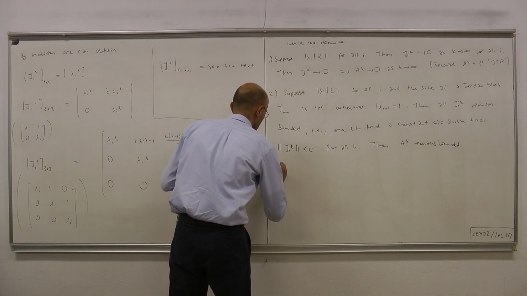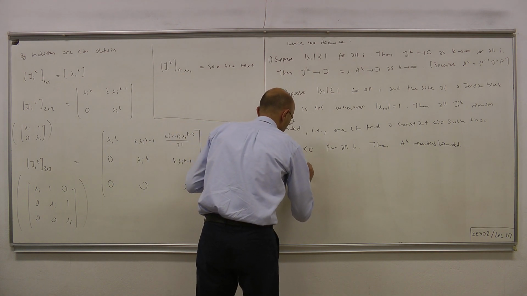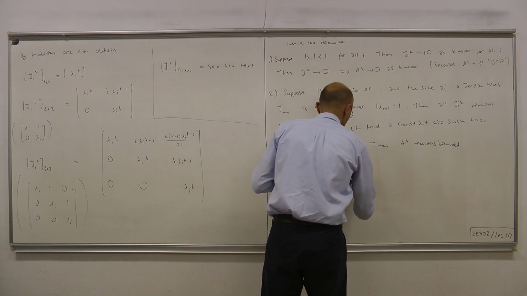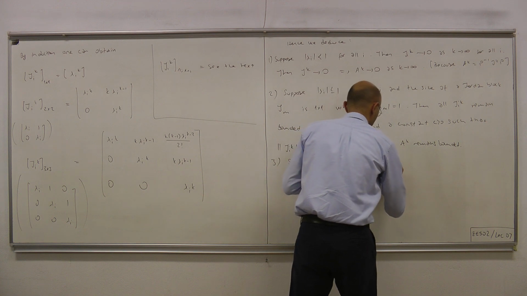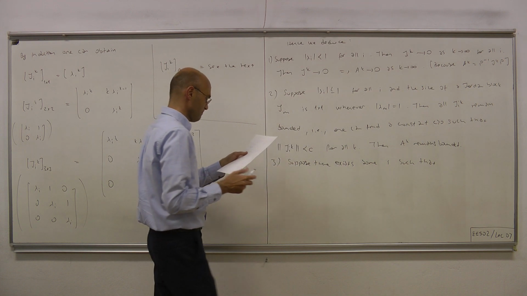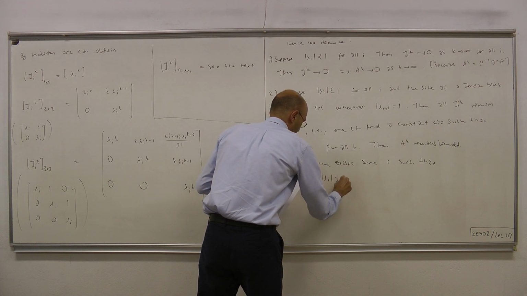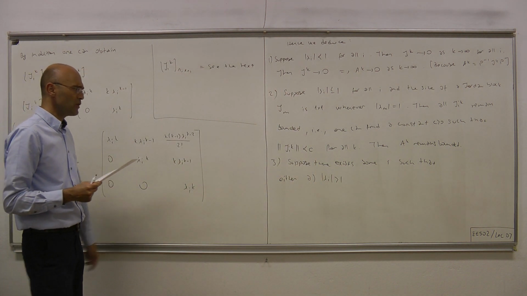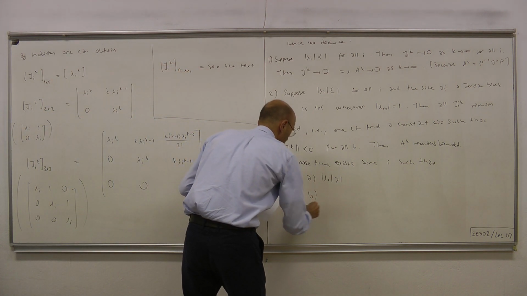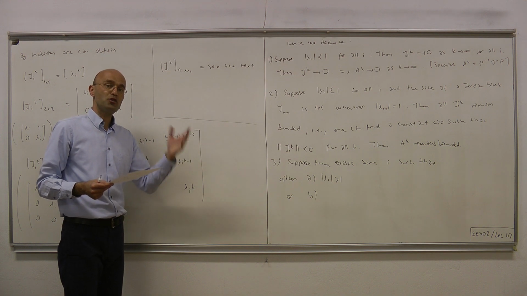And finally, for the remaining case, suppose there exists some index such that either the magnitude of the corresponding eigenvalue is strictly larger than 1, or the magnitude equals 1 but the corresponding Jordan block's size is 2 by 2 or larger.